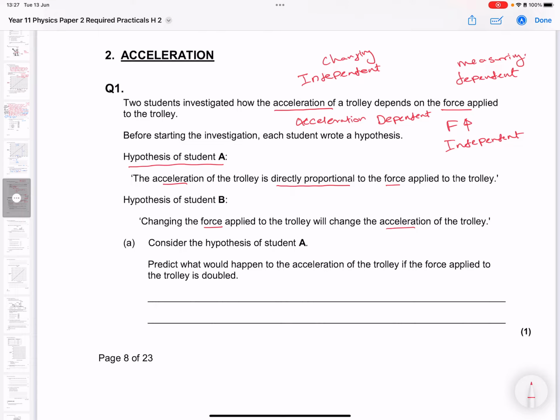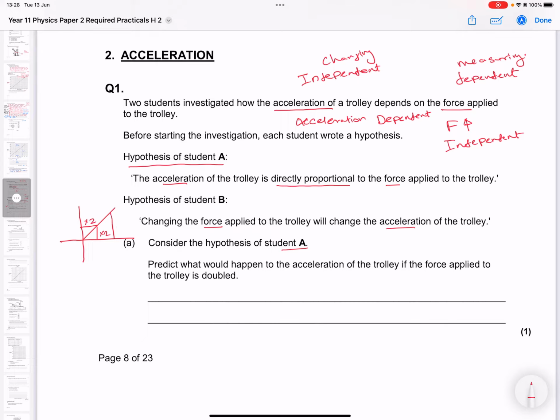Okay. Consider the hypothesis of student A. Predict what would happen to the acceleration of the trolley if the force applied to the trolley is doubled. So remember, if we have a directly proportional relationship, we will have a straight line through the origin. Every time you double one quantity, the other variable is also going to double.